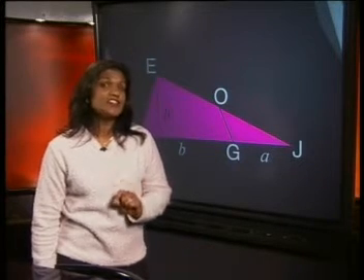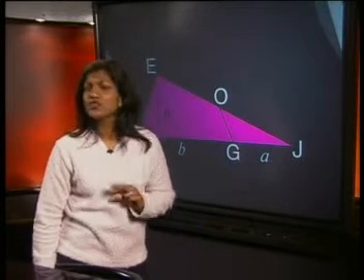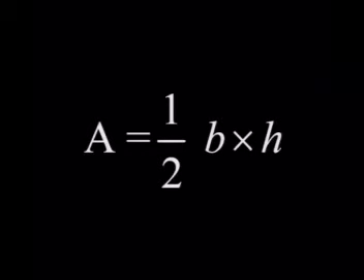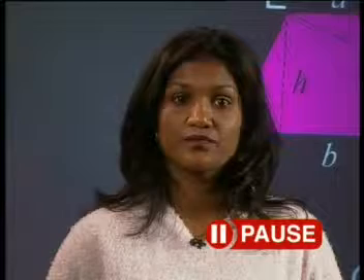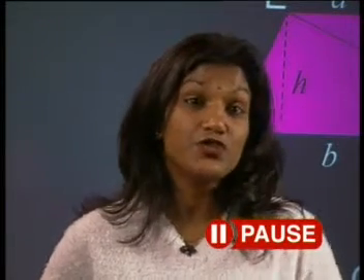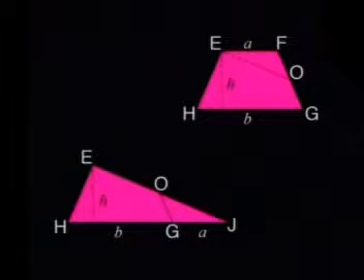We know the areas of a trapezium and the triangle are equal to each other. We also know that the area formula for a triangle is half the base times the height of the triangle. Can we work this out on our new triangle EHJ? Okay, we know that the area of triangle EHJ is equal to the area of trapezium EFGH.